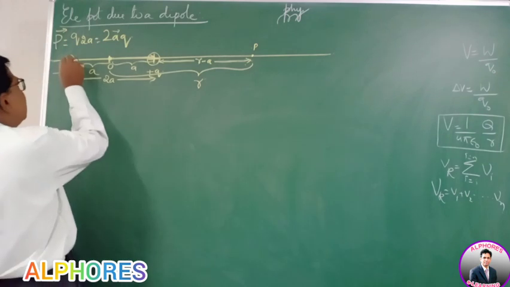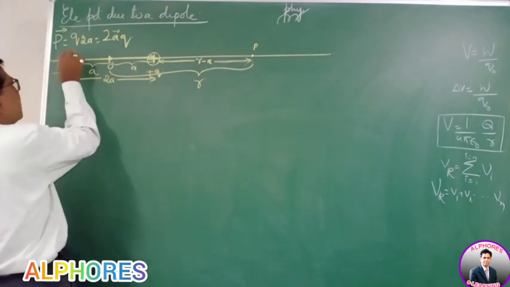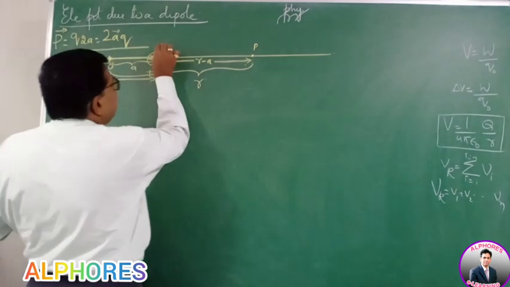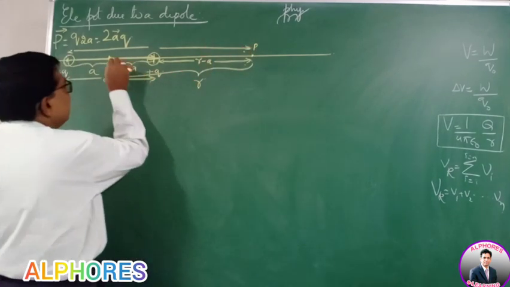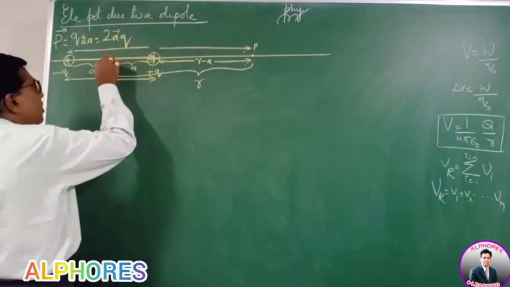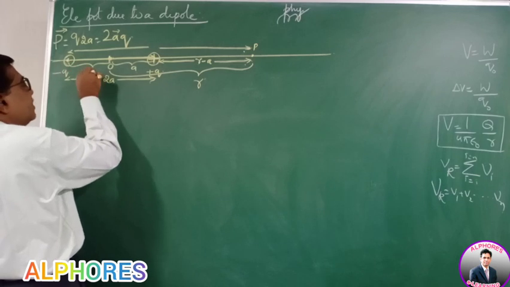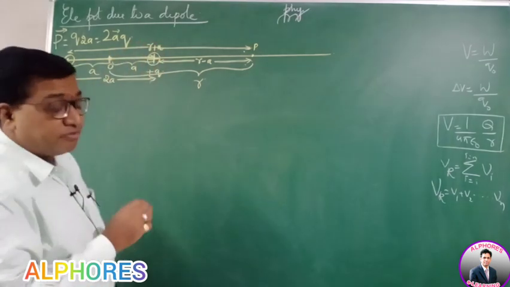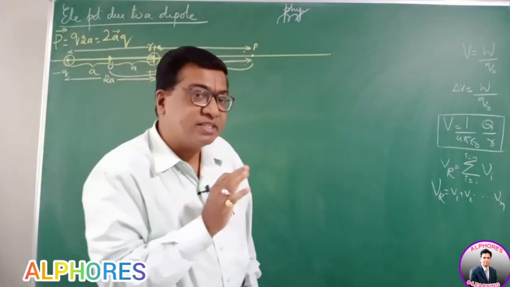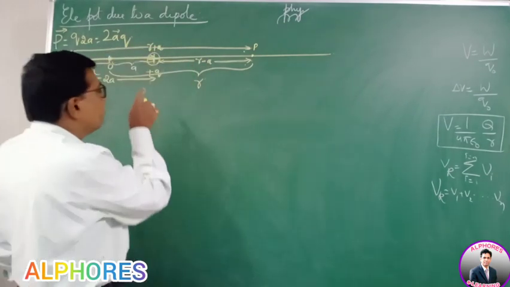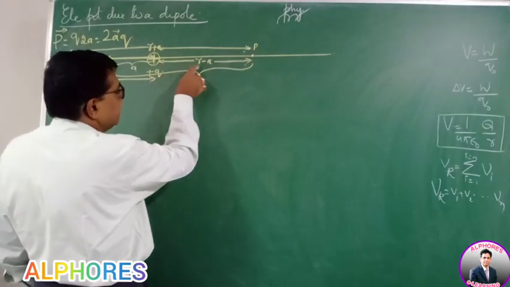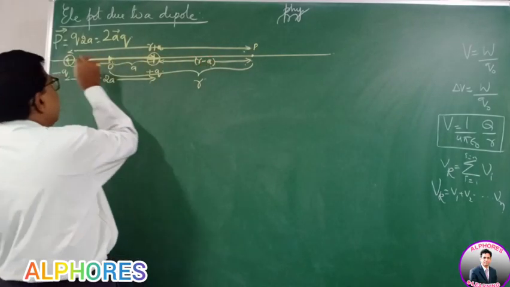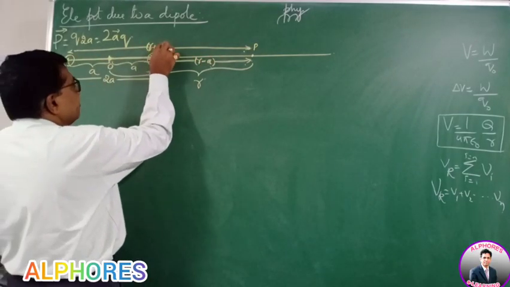Similarly, the distance of the point P from the negative charge: from P to O it is r, and from O to the negative charge is a. So the total distance is r plus a. From the center of the dipole, the point P is at a distance r, but from the positive charge it is r minus a, and from the negative charge it is r plus a.